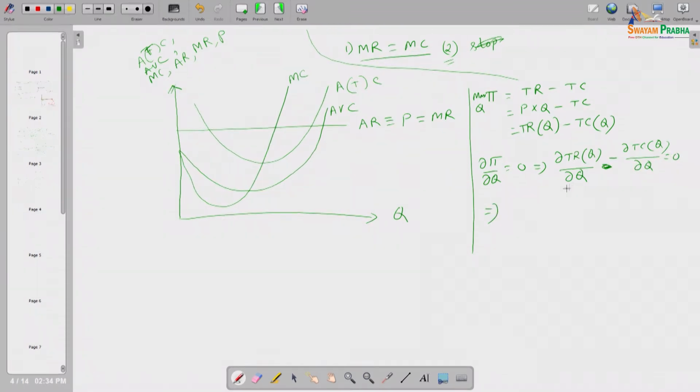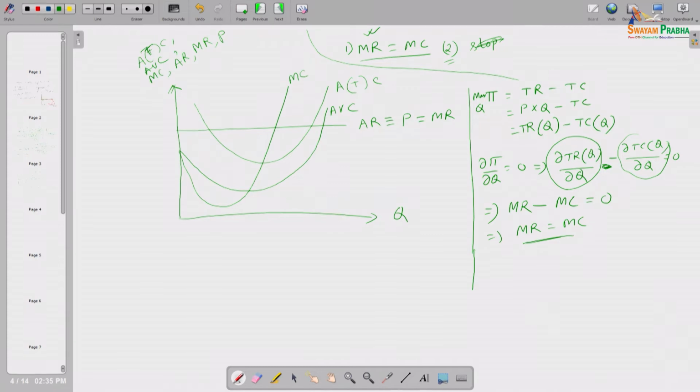That implies this, as we defined, is called marginal revenue, minus this, as we defined earlier, is called marginal cost, equals 0. So, this implies MR equals MC. That is the first order necessary condition for profit maximization.